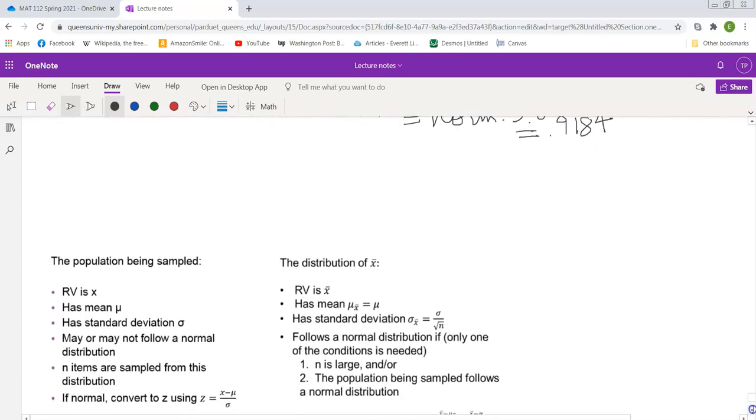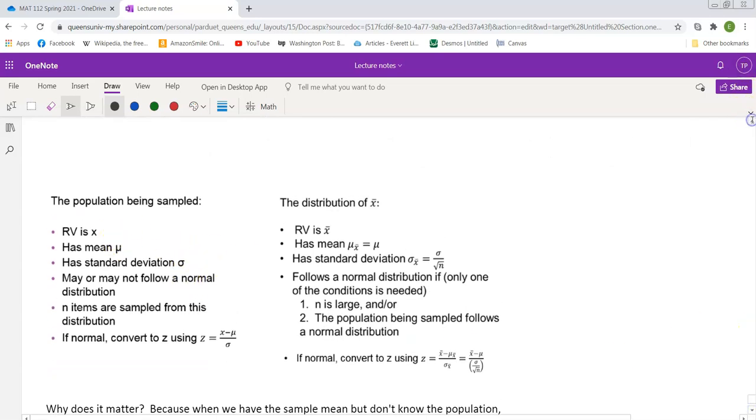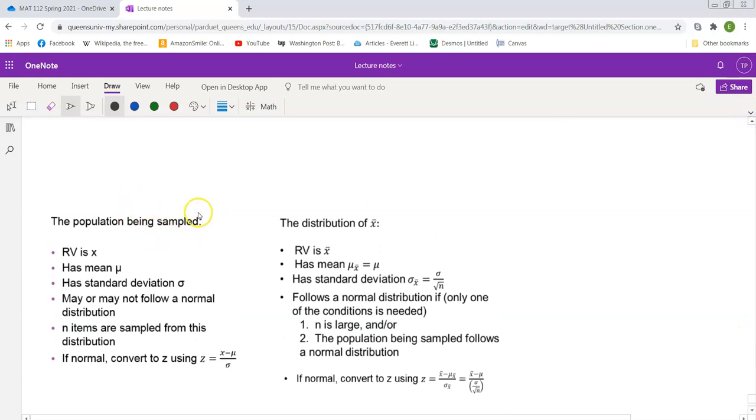So let's just do a little recap. In the original population that we're sampling, its random variable is called X. Whereas in the distribution of X bars, this is the sampling distribution, its random variable is X bar. The mean of the original population is mu.